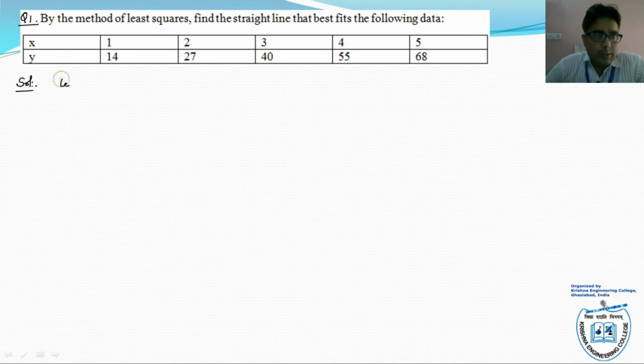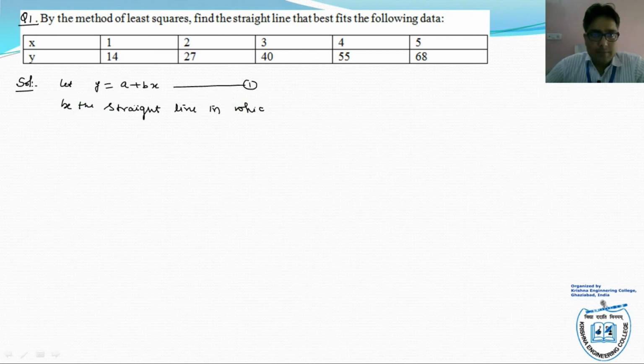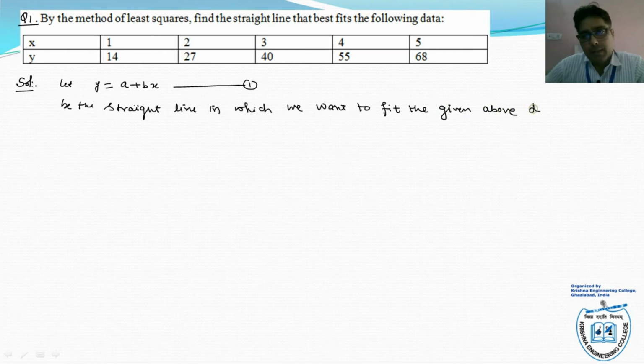Let y is equal to a plus bx be the straight line in which we want to fit the given data.